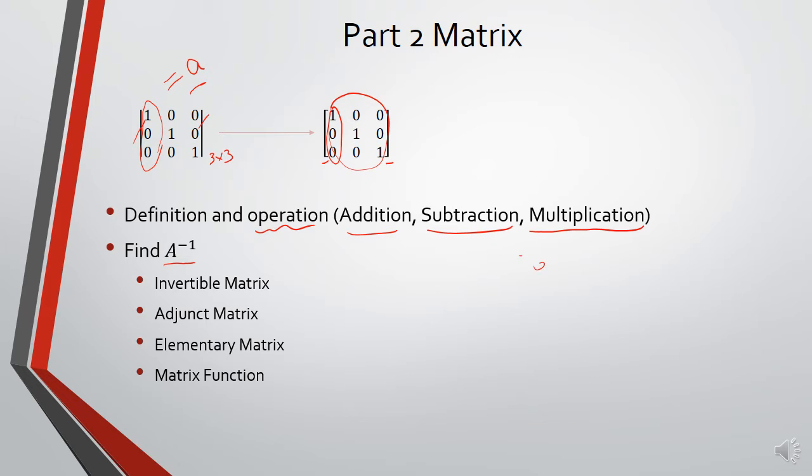So first of all, we have to make sure that we can do the division operation on this matrix. So we have to talk about the invertible matrix, and then the adjoint matrix, which is like the preparation knowledge to find this reversed matrix.